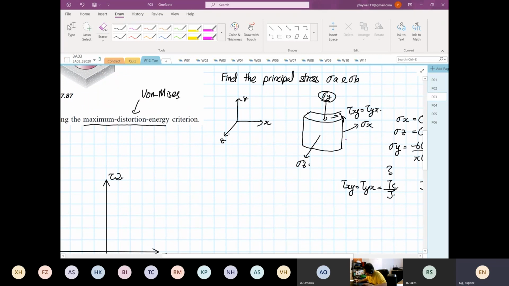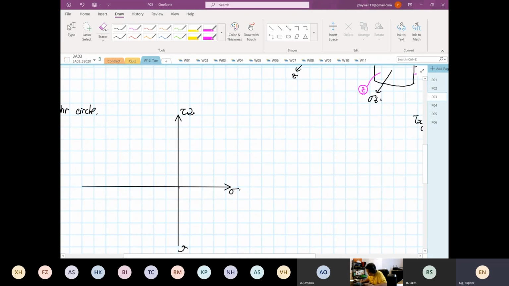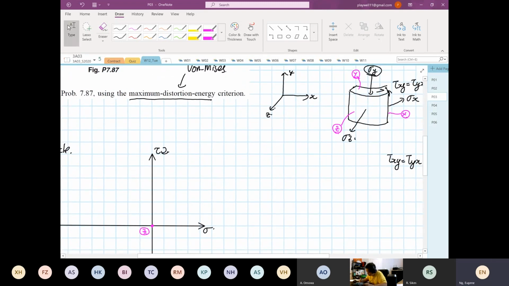So over here, this is our point X, point Y, and this is our point Z, and we know that Z has nothing at all, so this is our point Z. Okay, and then our normal stress X will be on this line over here.